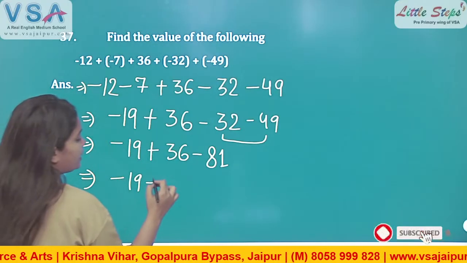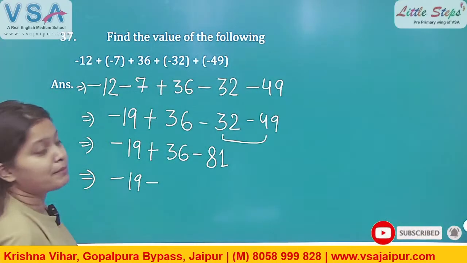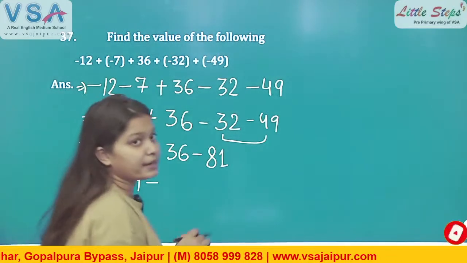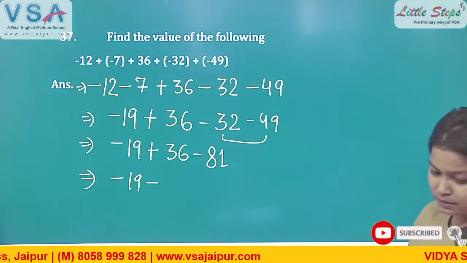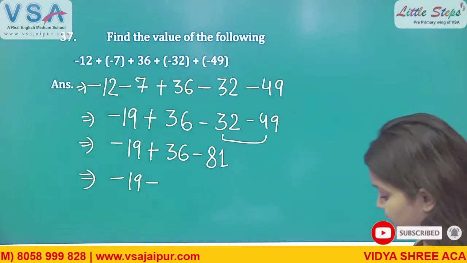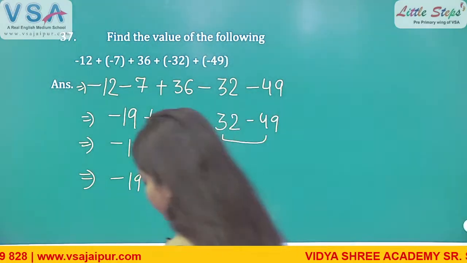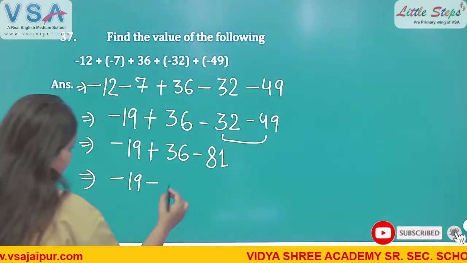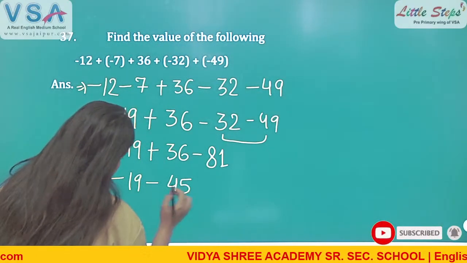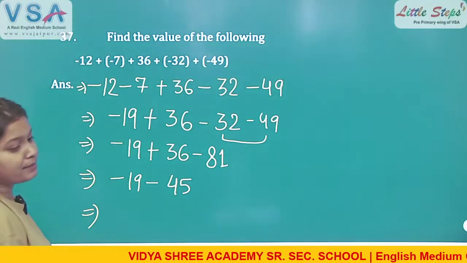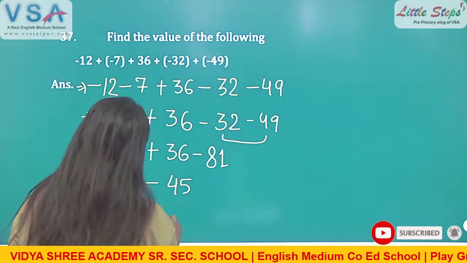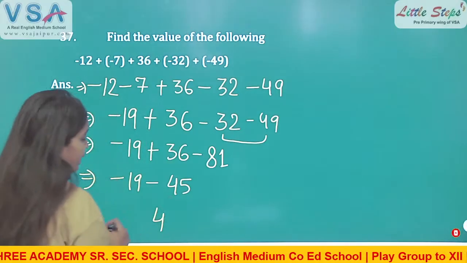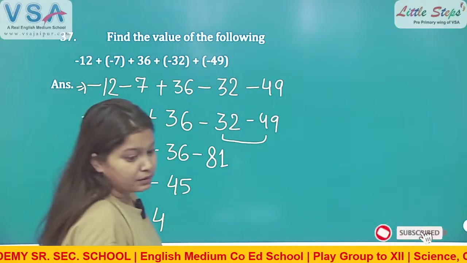In the next step, again I'm repeating minus 19. So plus minus will become minus. While subtracting 81 from 36, we have 45. Now what we have to do? Minus minus, we have to add 19 and 45. 9 and 5 will become 4, carry 1, 4 and 1, 5, and 1, 6.